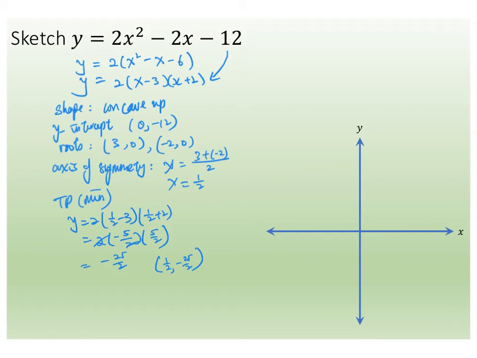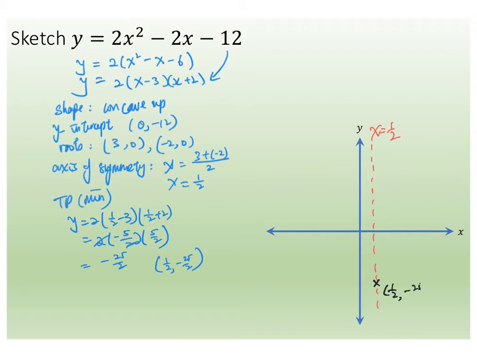Alright, we can now sketch the parabola. Let's start off with the axis of symmetry, which is x equals half. The turning point is half, minus 25 over 2. Let's say it's this point.